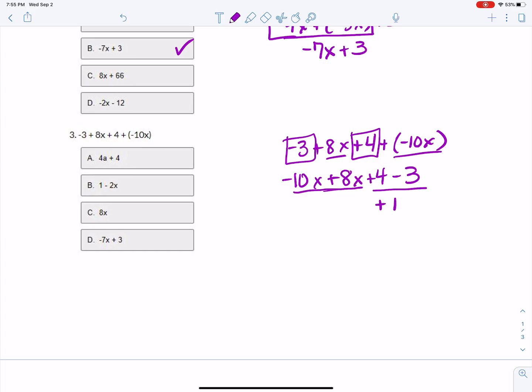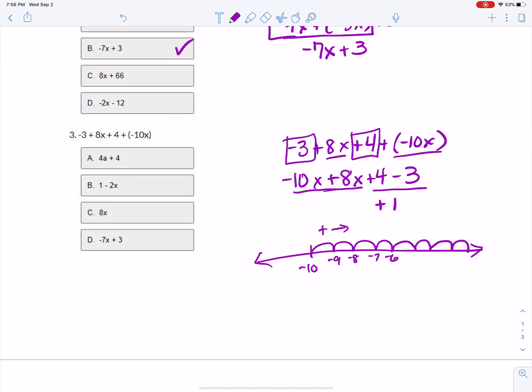But when I'm doing this problem, I have negative 10, and it goes 8 spaces plus goes that way. So 1, 2, 3, 4, 5, 6, 7, 8. This will be negative 9, negative 8, negative 7, negative 6, negative 5, negative 4, negative 3, negative 2.